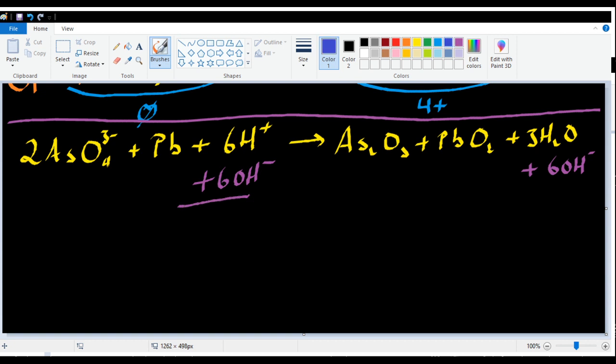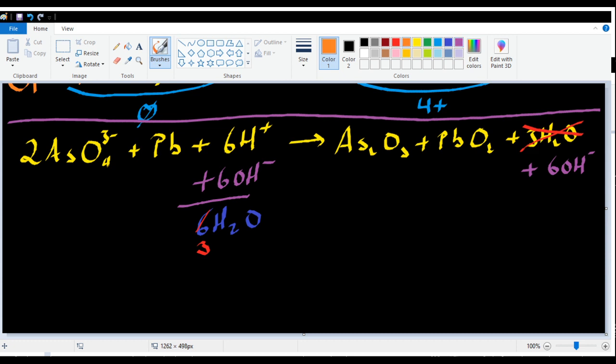H plus OH minus makes H2O. And then 6 versus 3, H2O cancels, leaving us with 3 H2O on the left.